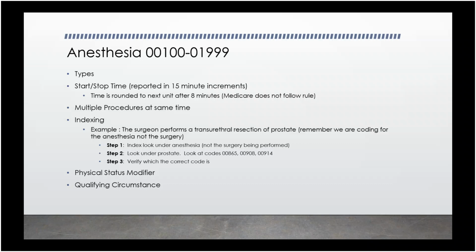When we have multiple procedures going on at the same time, you're not going to report the anesthesia code for each procedure. You're going to report the anesthesia code for the most comprehensive procedure that you have. The way you're going to know that is your base units are going to be more, the overall weight and billing is going to be a larger amount, reimbursement.